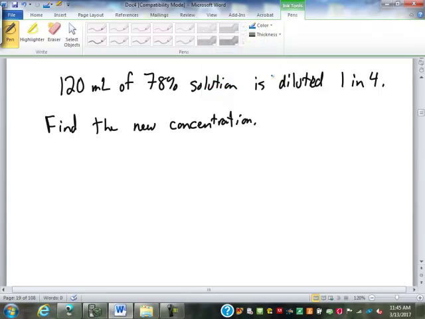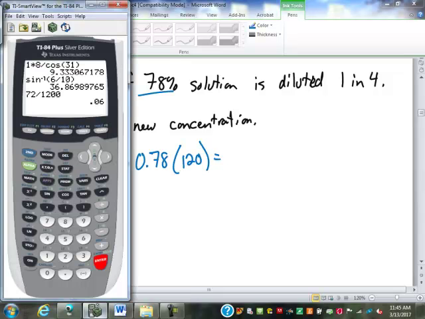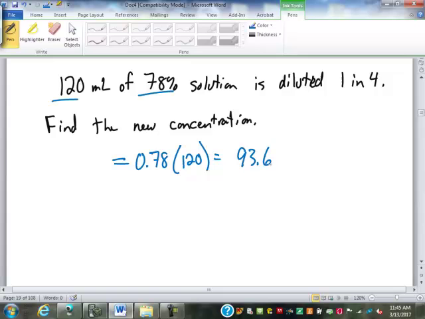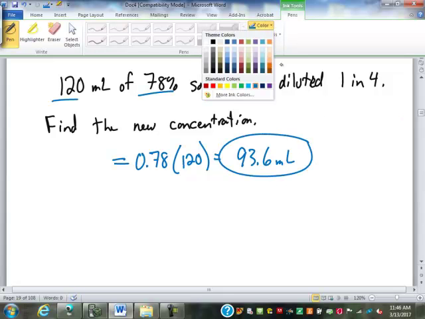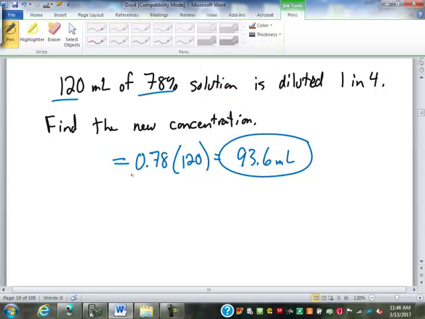So as we're looking at this, we have that 120 milliliters of 78% solution. So the amount of active ingredient there is 0.78 times 120. So 93.6 milliliters of active ingredient. To figure out how much total volume we have here, we have to go through that dilution. So we have a 1 in 4 dilution.